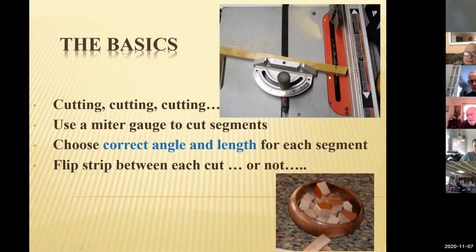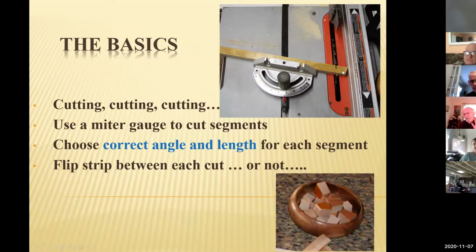Cutting, here it is on the table saw, miter gauge. I have it set for 11.25 degrees. Miter gauge laid out there. I have my fence set for the appropriate thickness and the correct angle and length for each segment.